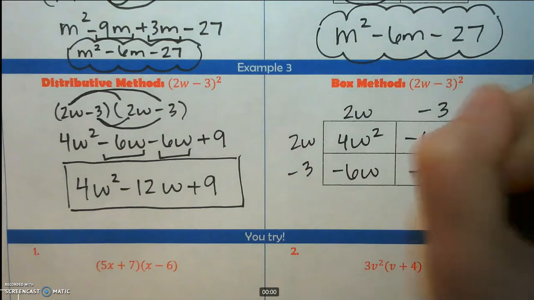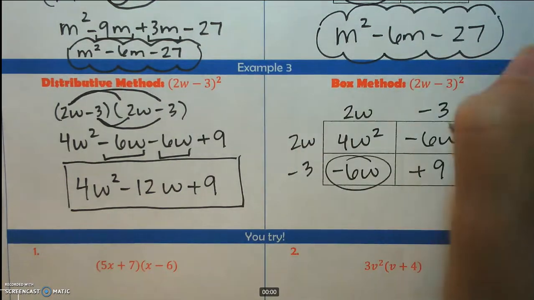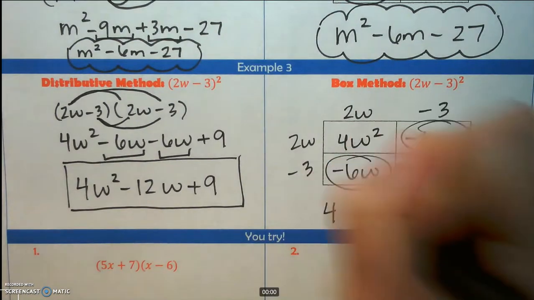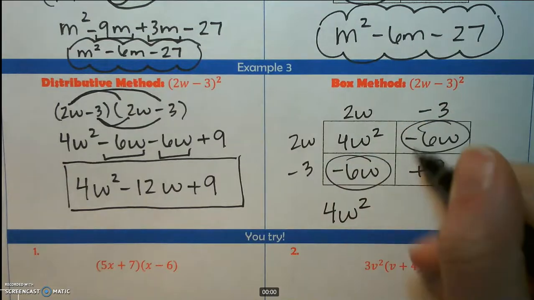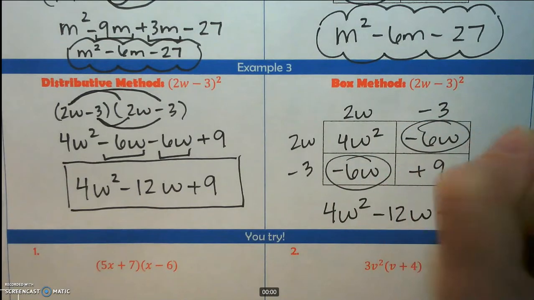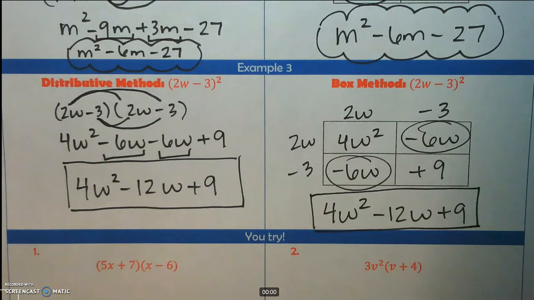And the last box would give us a positive 9. Now right away, I see like terms we can combine. So when we bring this down to write the final answer, we'll start with the highest exponent and combine these like terms. And we arrive at the same conclusion with either method, as we should.